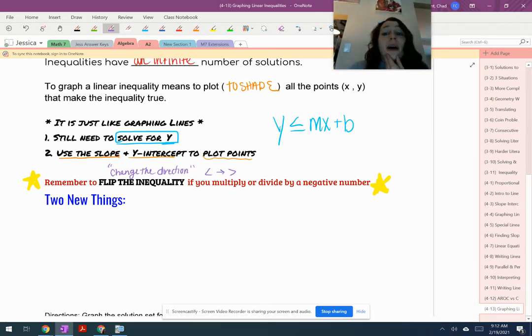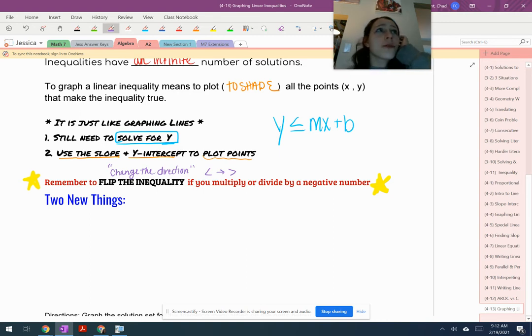Okay, so because inequalities aren't the same thing as equations, there are two new things that you need to be on the lookout for when you graph inequalities. Those are two new things that make them different from graphing equations.